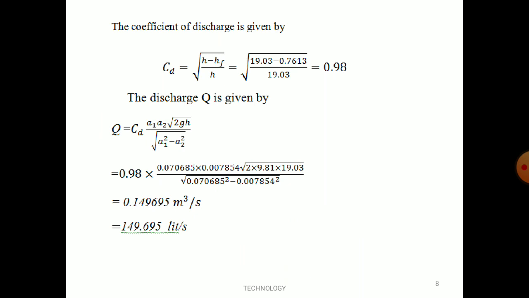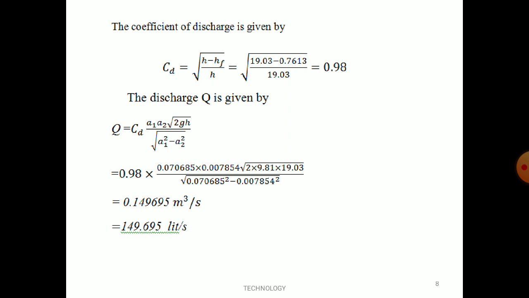The head loss due to friction is 4% of differential head. We already calculated that, so you just substitute, we have the H and HF values. So CD equal to square root of 19.03 minus 0.7613 divided by 19.03. So that is equal to 0.98. There's the value of the coefficient of discharge.